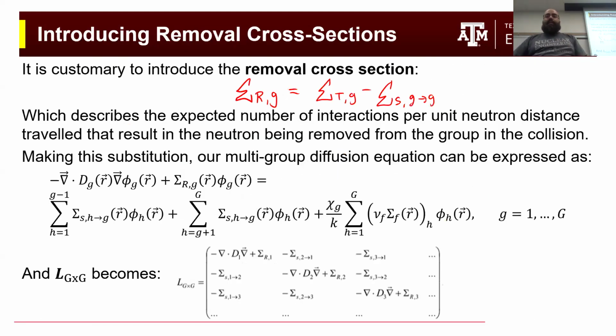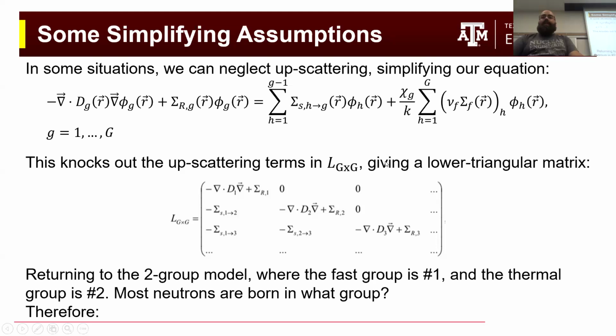If there's no upscattering, then this term right here goes away. That's how we got here. And if there's no upscattering, then everything above the main diagonal just becomes a zero.